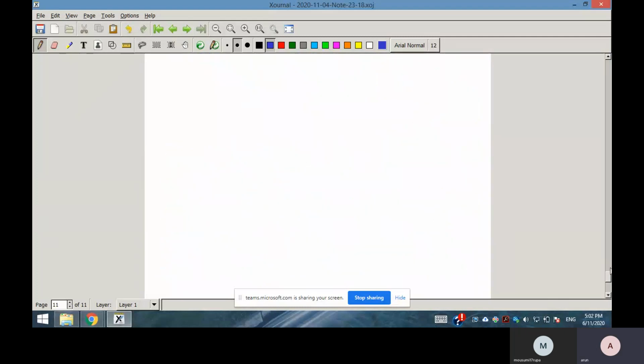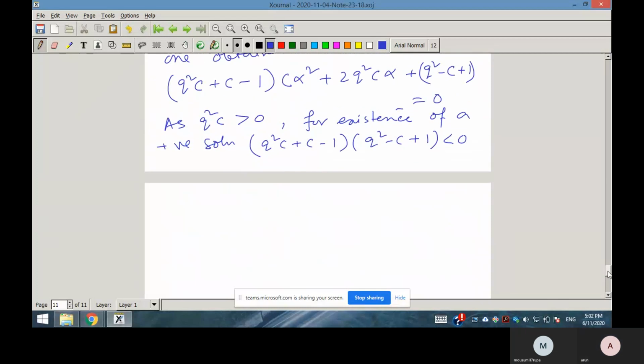So this will imply ultimately what? Since C is less than 1, because C is ultimately attenuation, MC is attenuation, MC is negative, so C equal to MC by 10, so it will be negative.